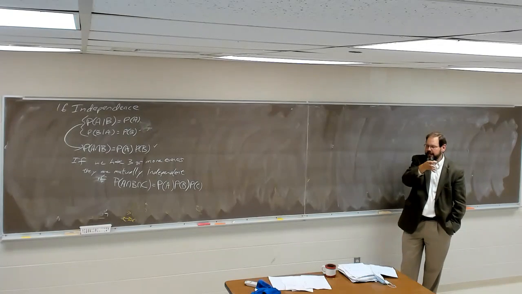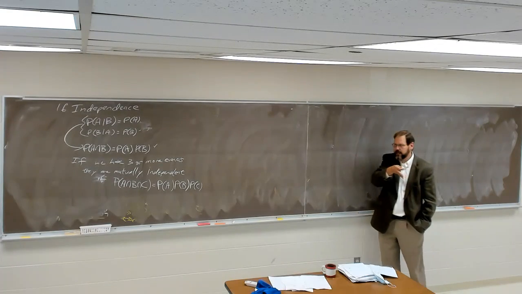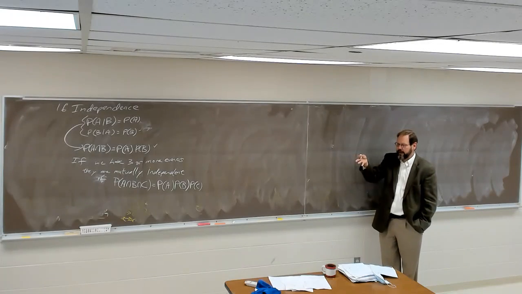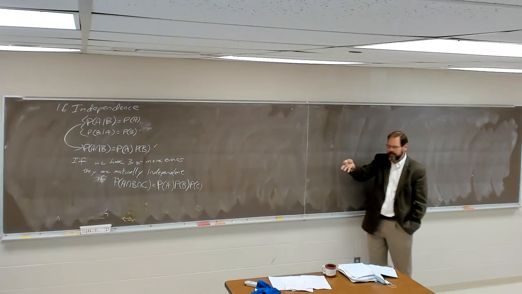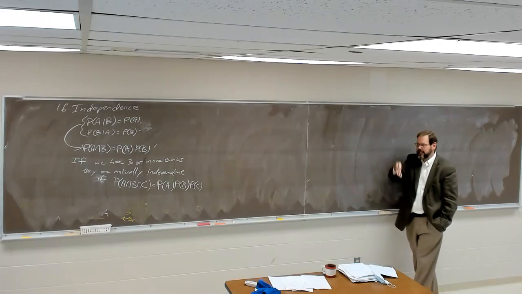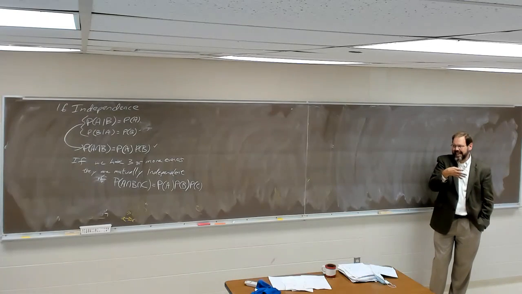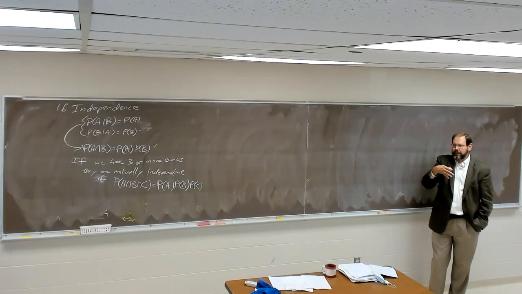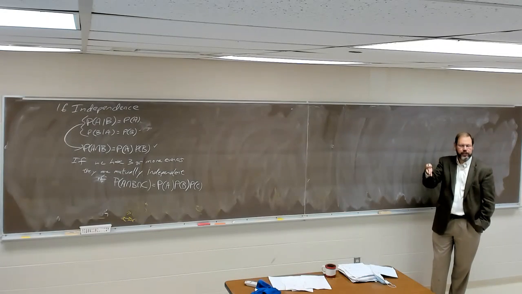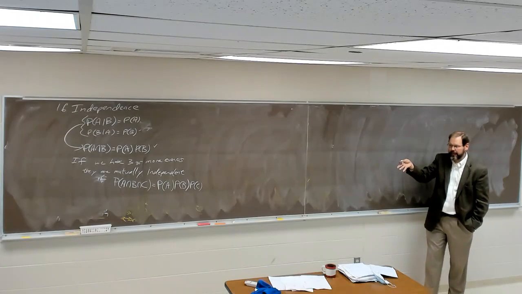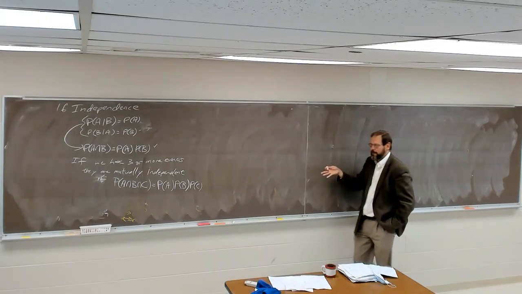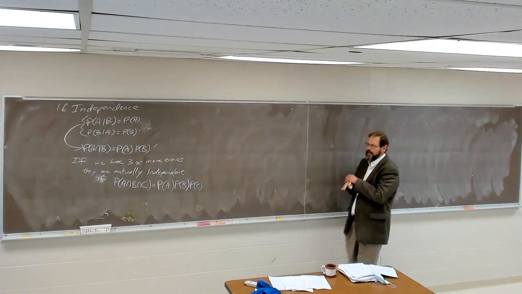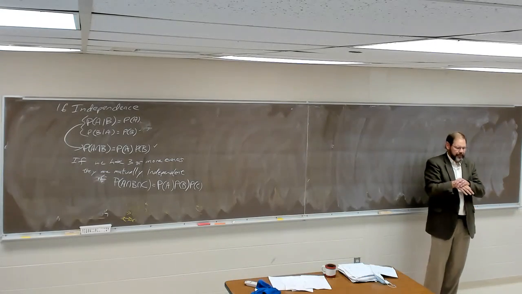H1 is the event in which the first result was a heads, H2 was the event where the second flip was heads, and E was the event where exactly one of the flips is heads. Then you can show that H1, H2 are independent, H1, E are independent, H2 and E are independent. That's what we would call pairwise independent, but they're not mutually independent.